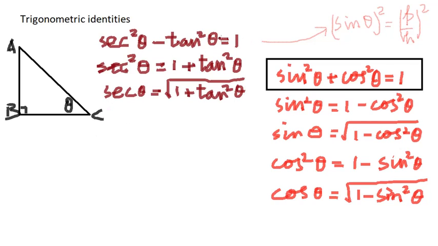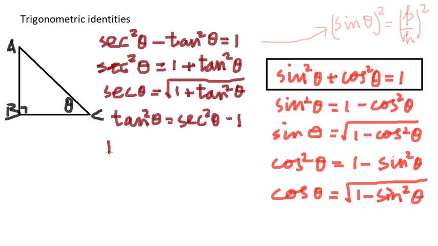Again, if we keep tan squared theta on the LHS and we take sec squared theta to the RHS, what we'll have is tan squared theta is equal to sec squared theta minus 1.